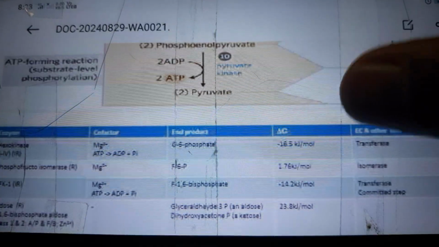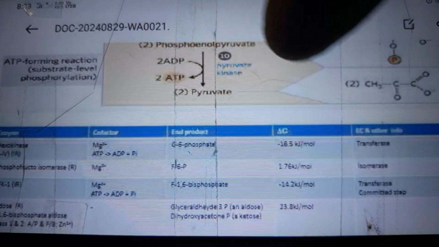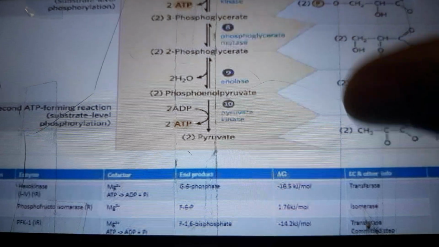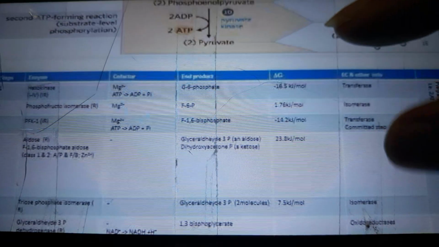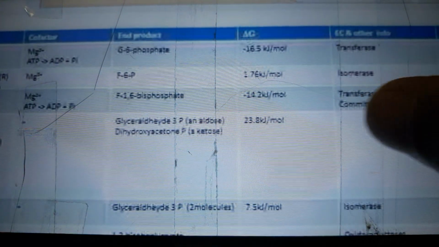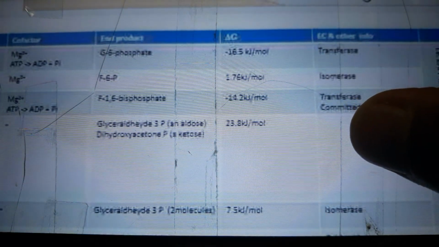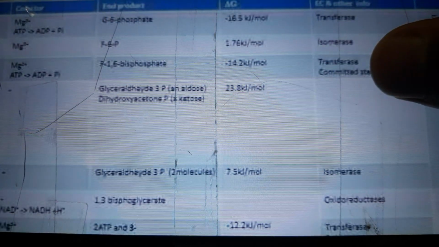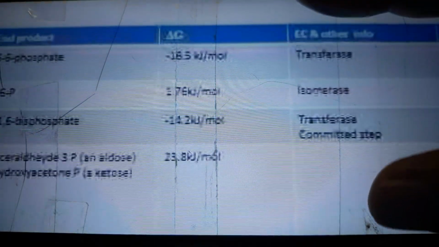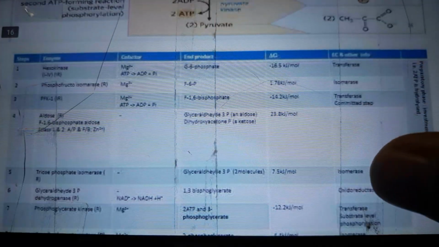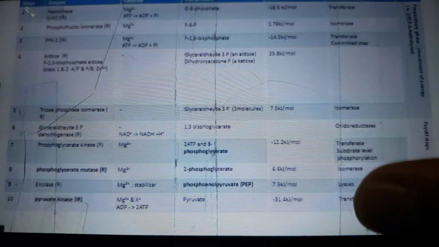All the steps, the enzymes, the cofactors, end products, the free energy, and the EC numbers, okay, we'll have to figure that out, and others also.